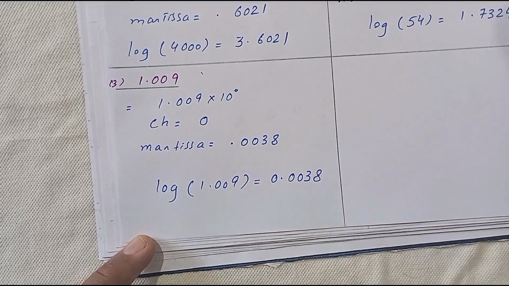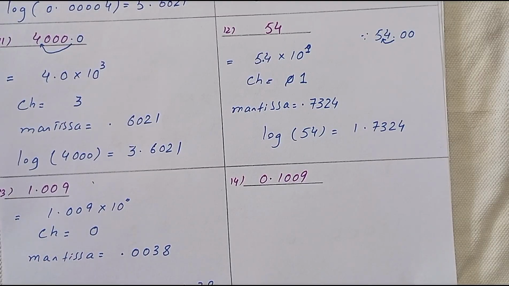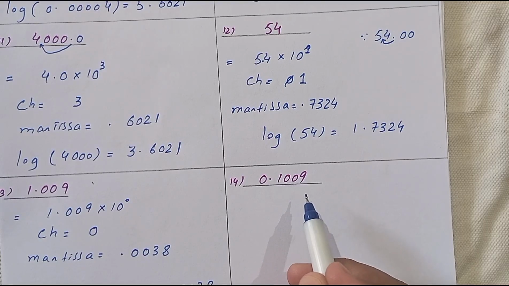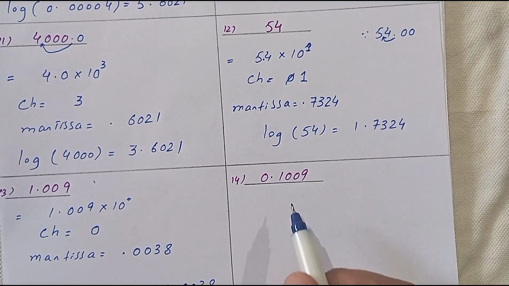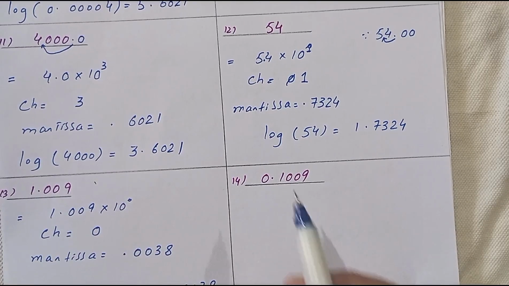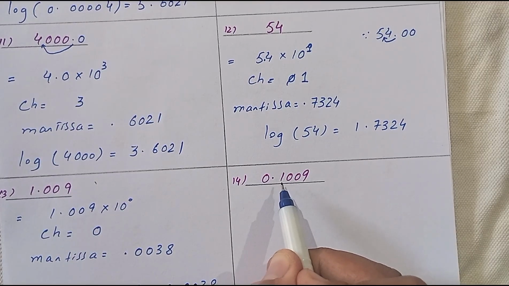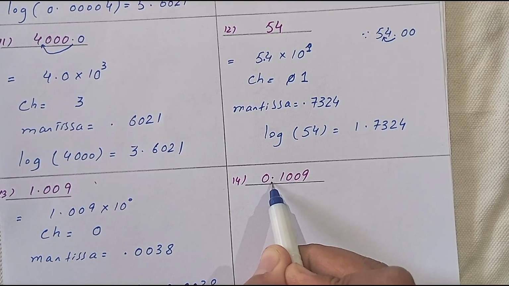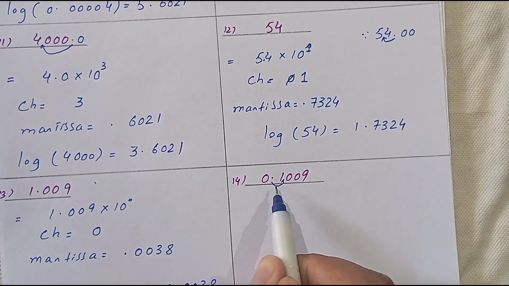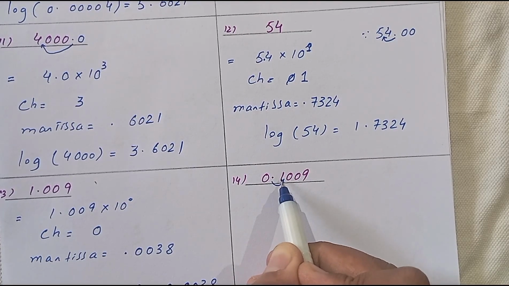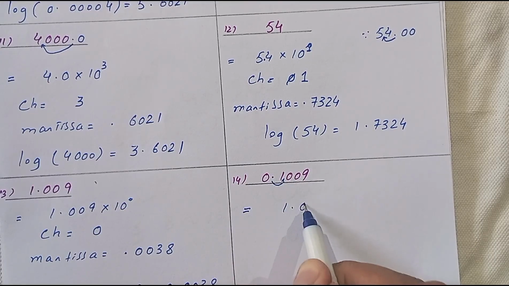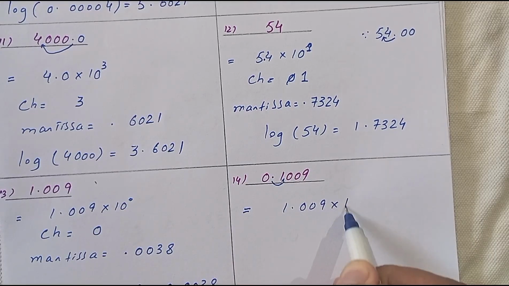In the second last part, there is the question 0.1009 and we have to find the log of that value. First, we have to convert it into scientific notation. For this, the decimal should be after a non-zero number, the first left hand non-zero number, that is 1. So we have to move that decimal after that point. Since we are moving to the right side, the power is negative, and counting the number of digits is 1. So in scientific notation, write it 1.009 multiply 10 power minus 1.